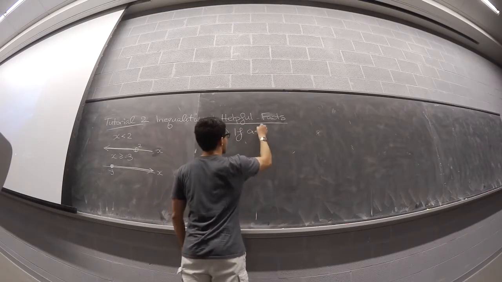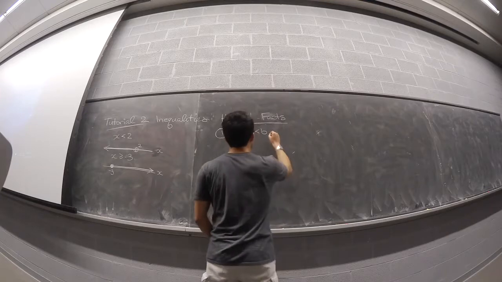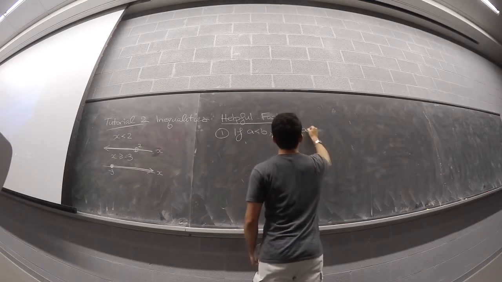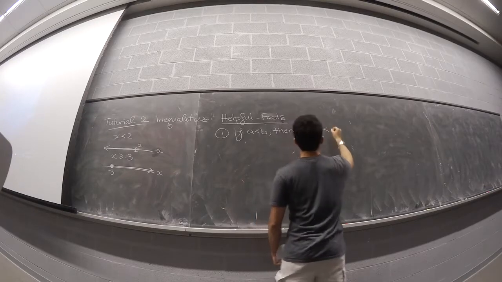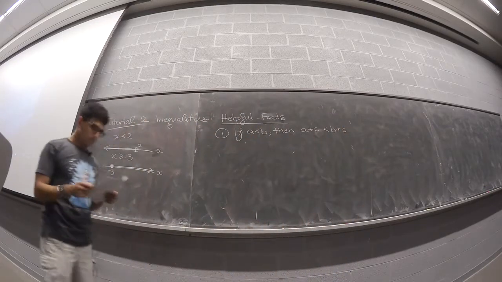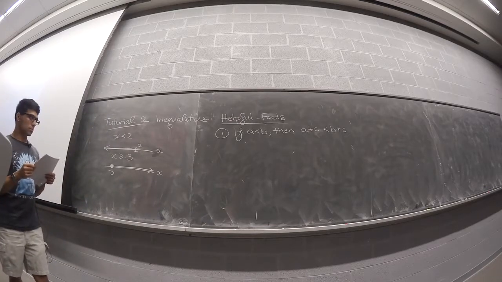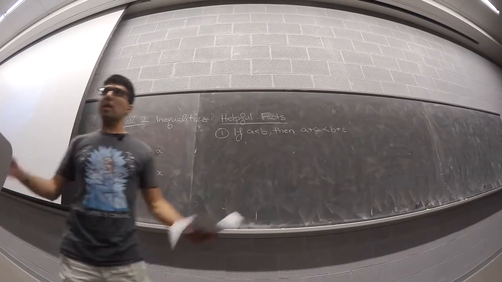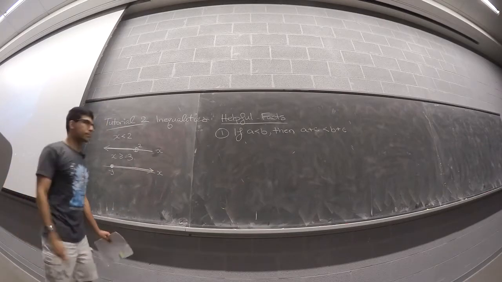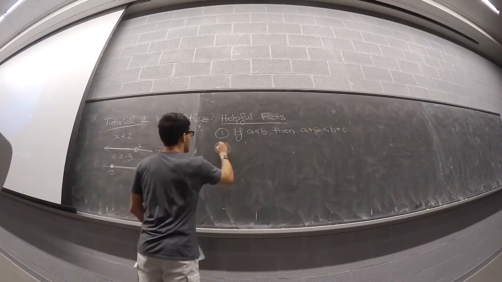If A is less than B, then A plus C is less than B plus C for any number C. Okay, so you can add any number to both sides of an inequality and it still works. Good? Any number.